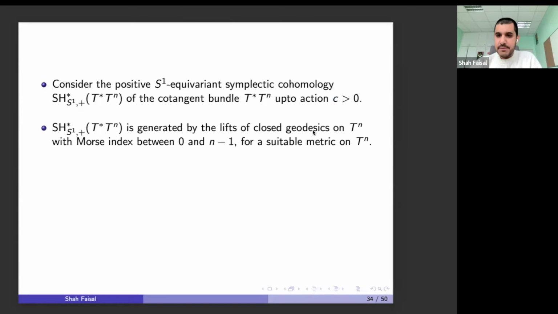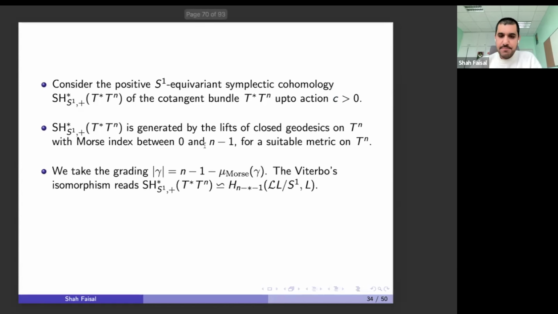If I take a suitable metric on the torus, then I can assume that it's generated by closed geodesics of Morse index between 0 and -1. And I put this grading: the grading is n-1 minus the Morse index of the projected Morse closed geodesics. So the Viterbo isomorphism would read like this in this grading.